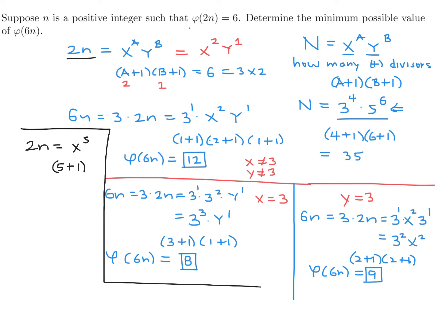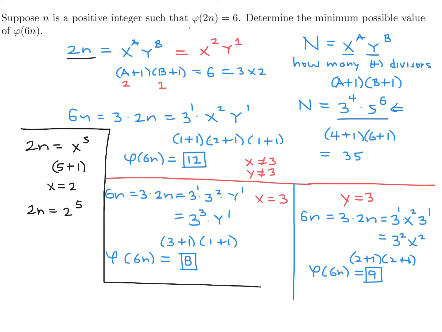But this is only possible if x is equal to 2, because we already have a 2 there. So that means this has to also be a component of 2's. So that basically means that 2 to the power of n is equal to 2 to the power of 5. Okay, so that's the only way of doing this.